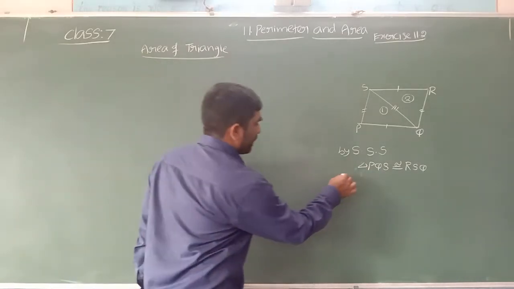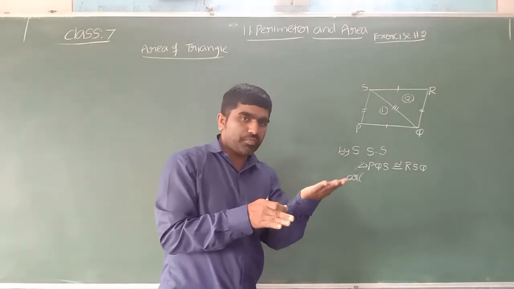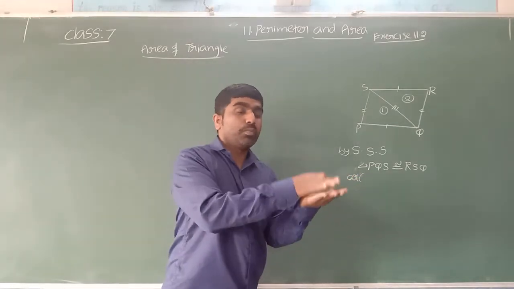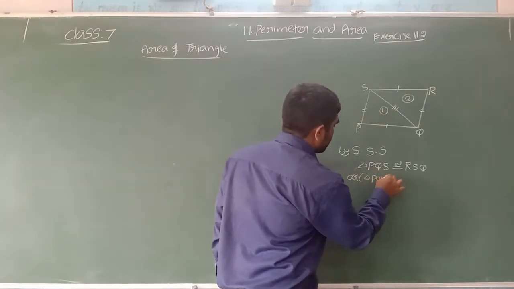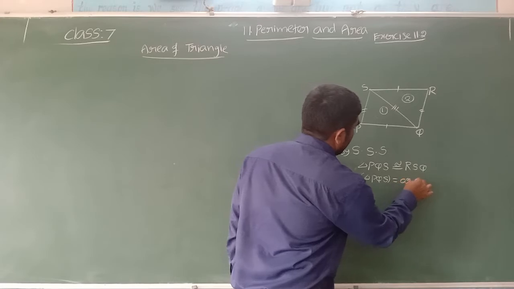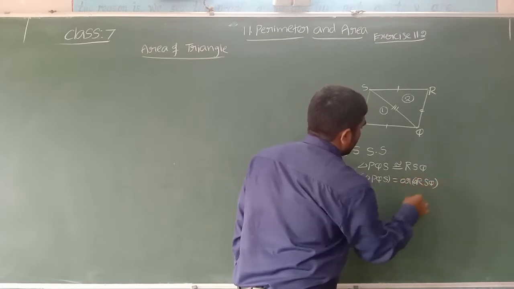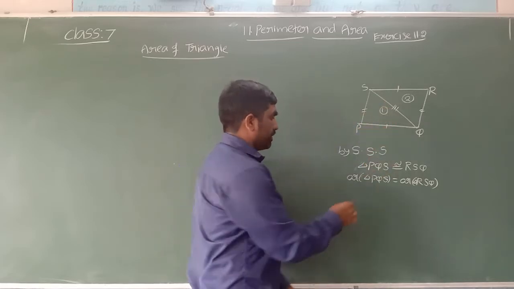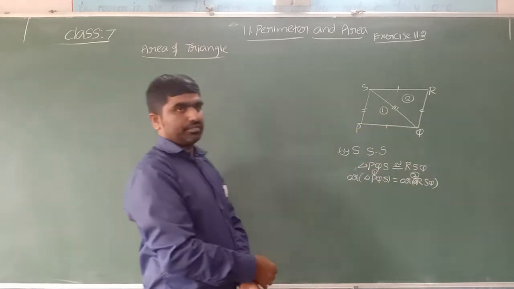And you know, congruent means what? Xerox. When I keep one object over the other object, both will fit exactly. It means area of triangle PQS is equal to area of triangle RSQ. First part and second part are both equal.